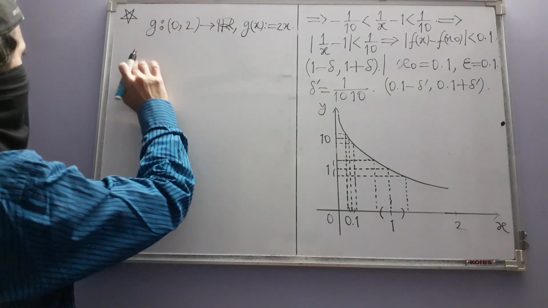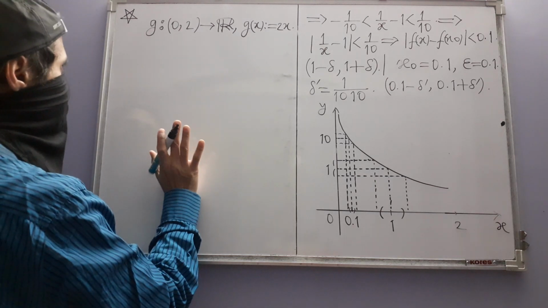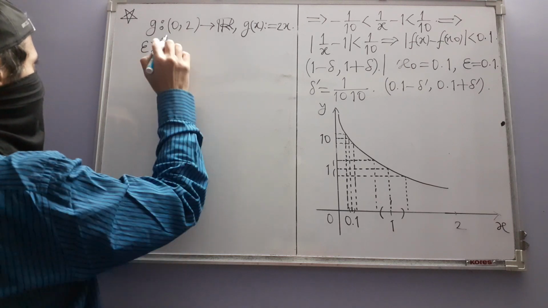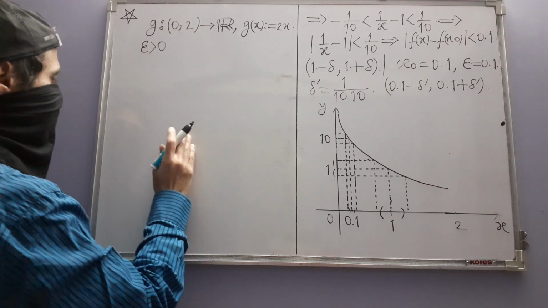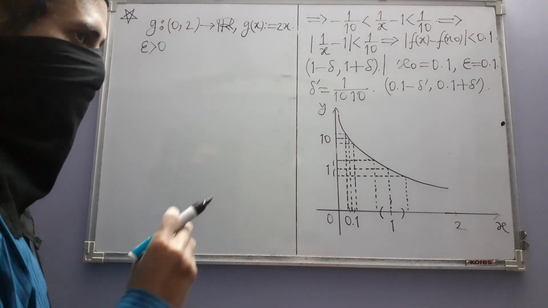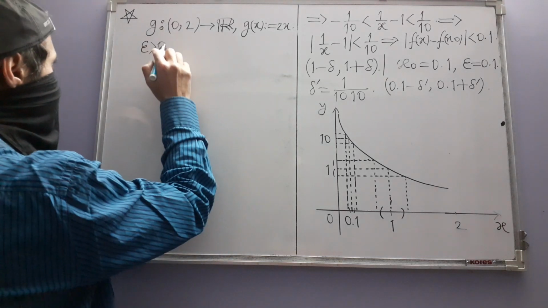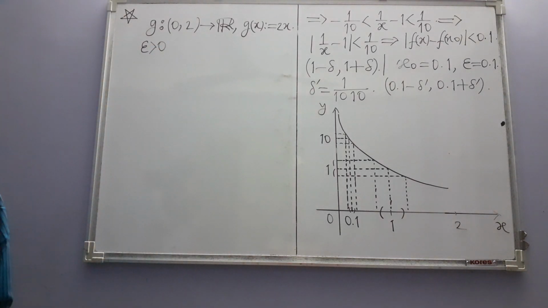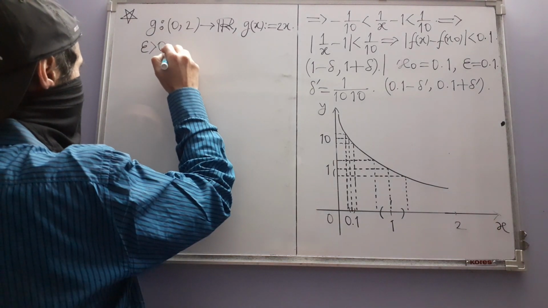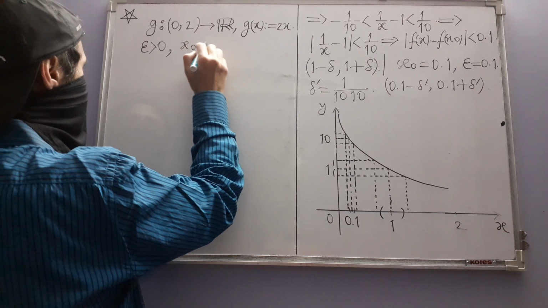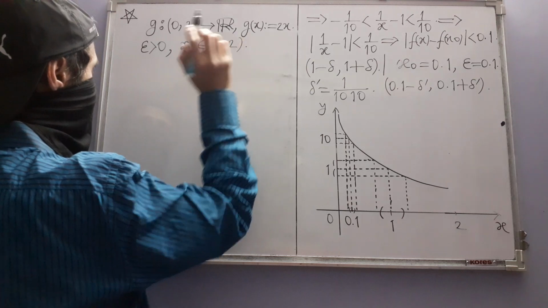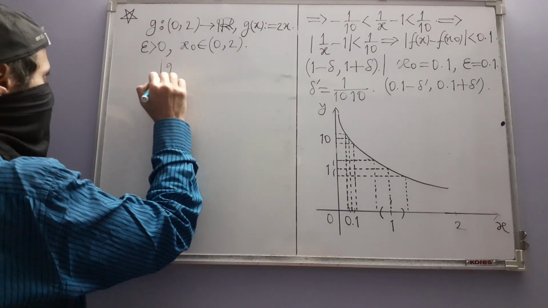However, if instead you consider this function, then say here without choosing any specific epsilon, suppose I choose any epsilon and I want the output values to be epsilon close to the output value at some specific point. I can choose the point now also after choosing epsilon. Say x naught is any point in 0, 2. I want this to happen.